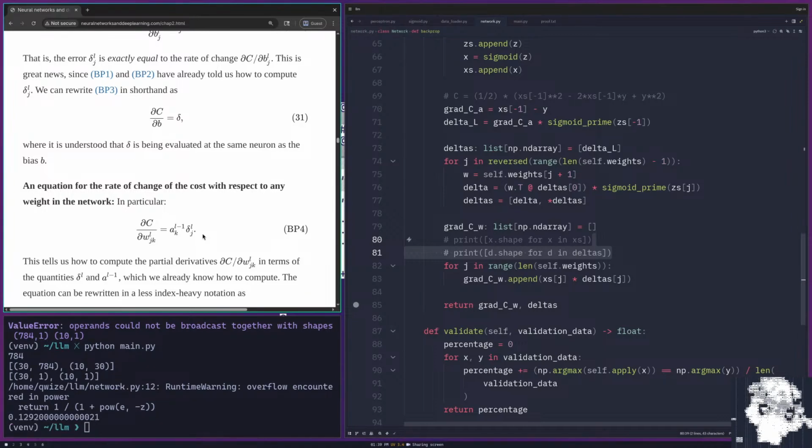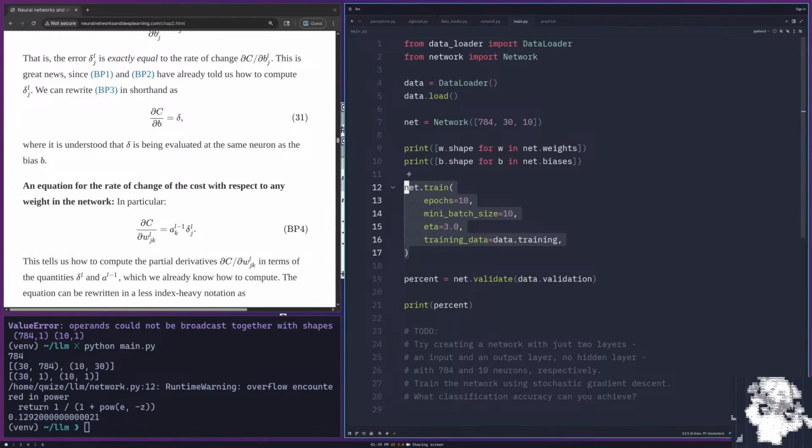Okay, after all that training, we got to 13%. Is that expected? I mean, what was the amounts that they said you should be able to get?